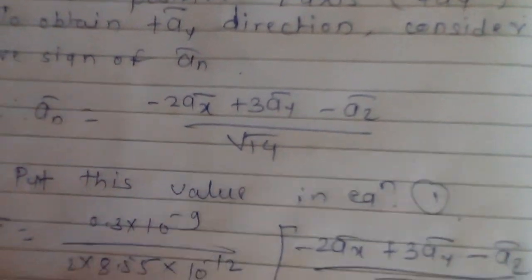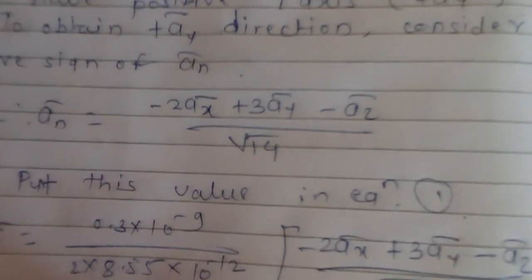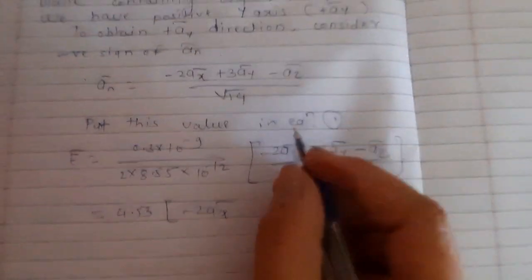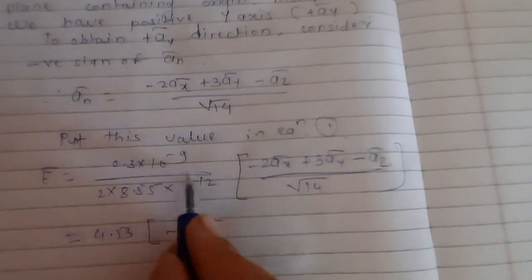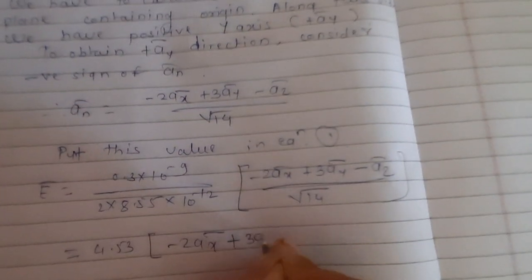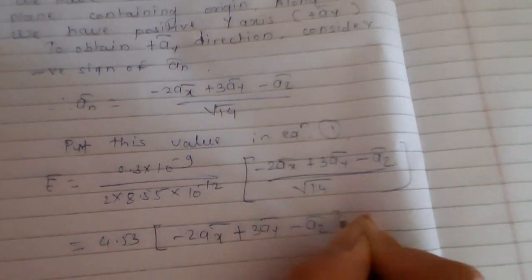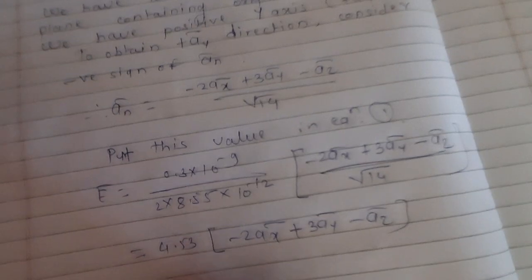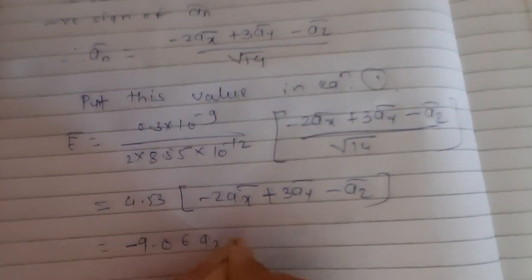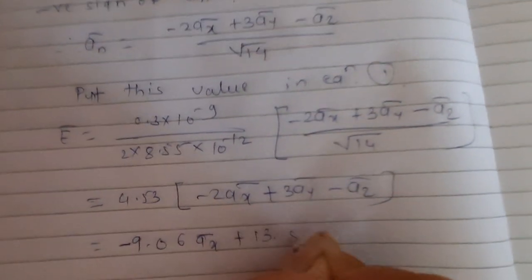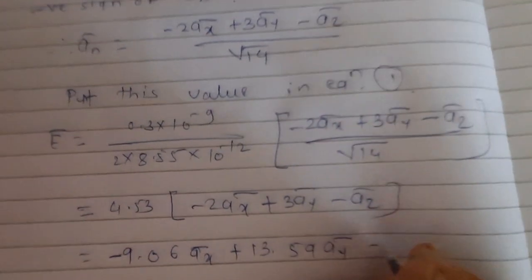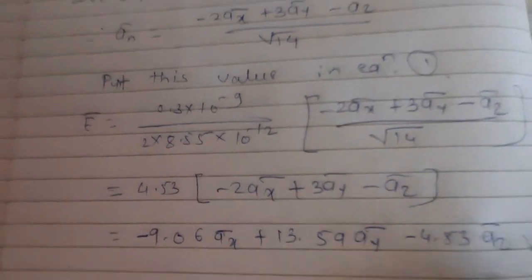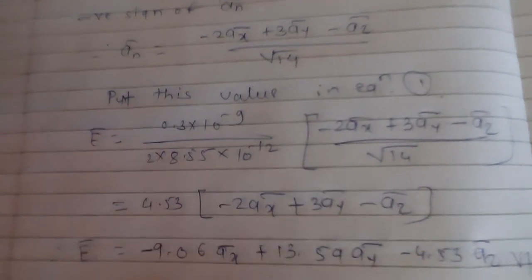So we solve this term and we get 4.53 into bracket minus 2ax bar plus 3ay bar minus az bar. So we get minus 9.06 ax bar plus 13.59 ay bar minus 4.53 az bar volt per meter. This is the electric field intensity.